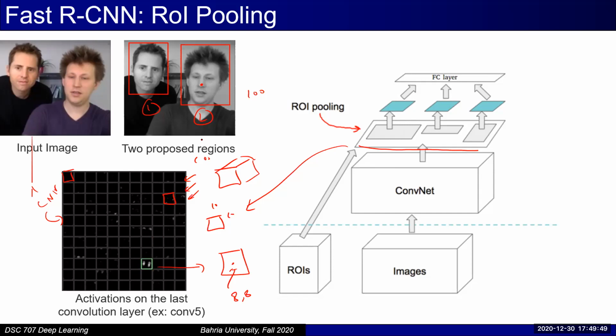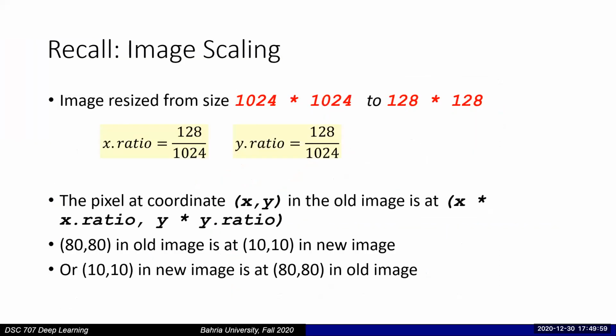So you can easily project that if this is the red box number 2 in the original image, where I will have this in the feature map. You just need to do that. And these are the same calculations which I explained a little earlier, so it can serve as a revisit. Suppose you are resizing an image. The image is very large, say 1024 by 1024, you resize it to 128 by 128.